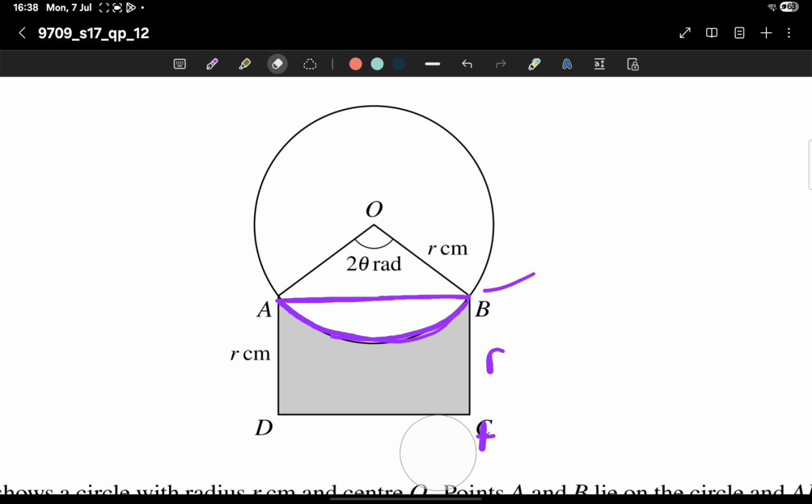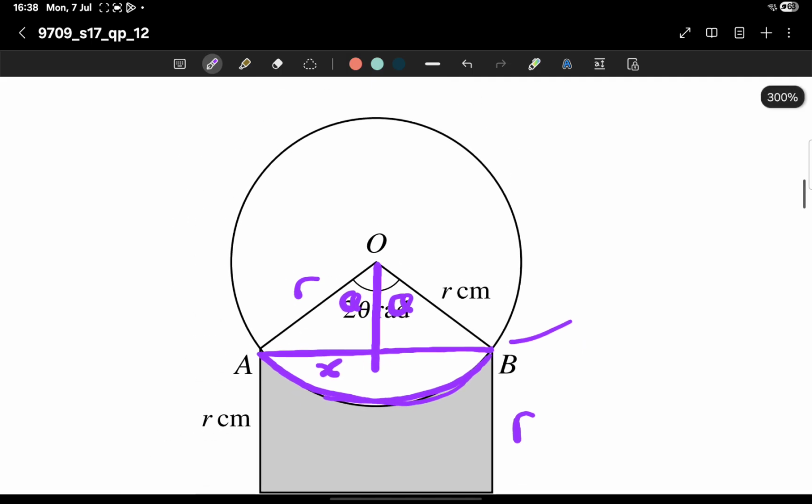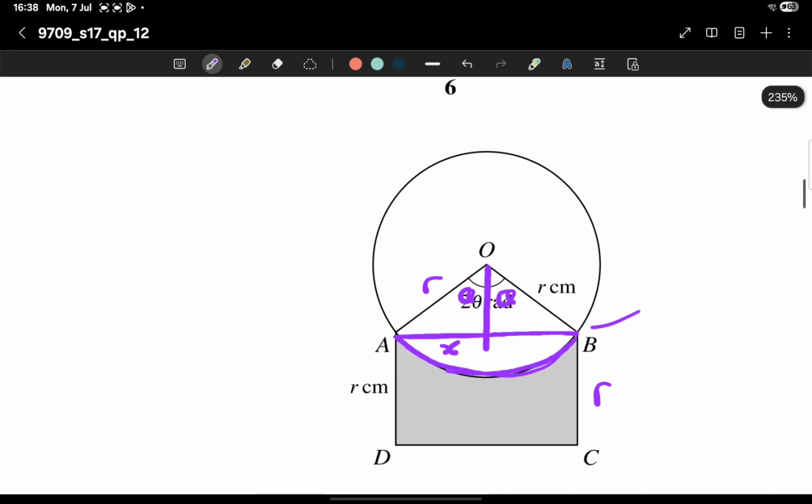And for us to get the length of AB, we can divide this into 2, so that we know it's 2 theta, so this will be theta and theta. And since this is also r, let's name this x, like one part x, right? And this is opposite of theta, and the r is the hypotenuse, so we use sine.